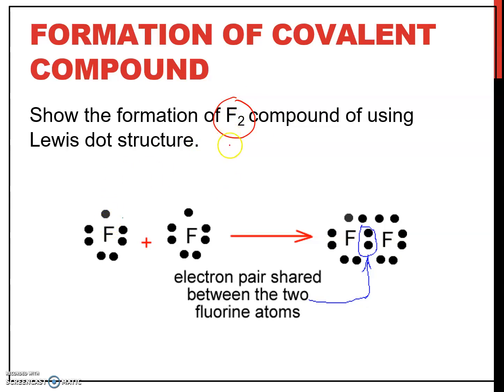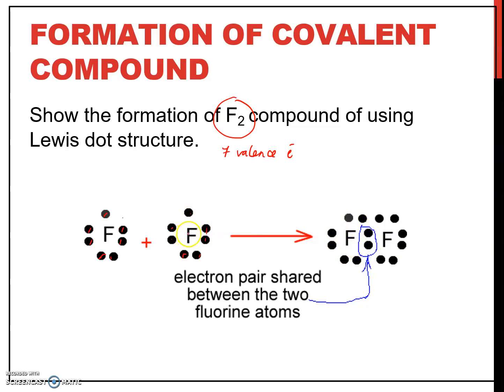Fluorine comes from group 17, so it has 7 valence electron. Each fluorine atom has 7 valence electron, 1 2 3 4 5 6 7, plus another fluorine atom, same, has 7 valence electron. So forming covalent compound of fluorine.